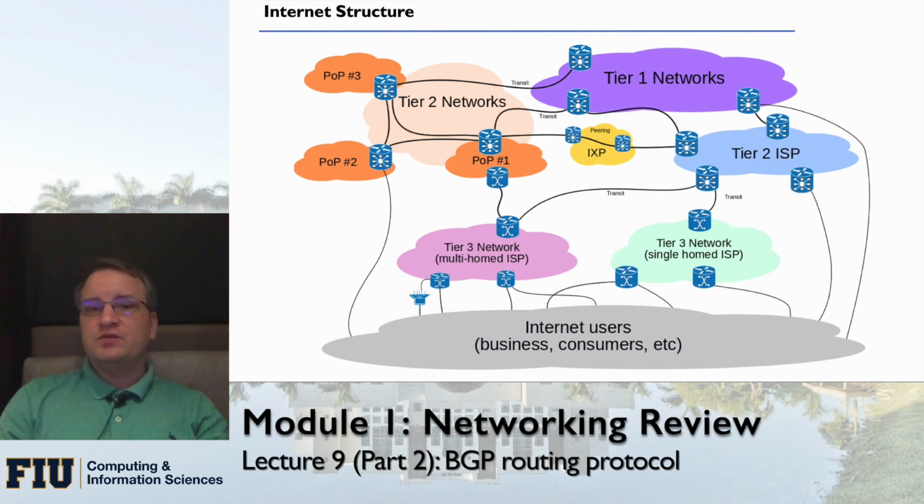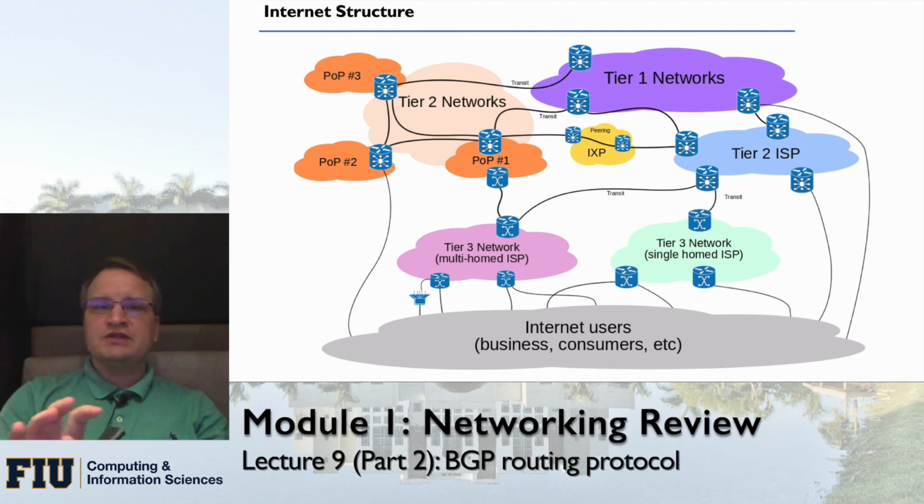If I add a little bit more structure, in one of the first lectures we talked a little bit about the different types of networks, but there is actually a little bit more to that hierarchy. So yes, we have the tier 1 networks, tier 2 networks, some IXPs, POP, point of presence, IXPs, internet exchanges, tier 2, tier 3, and actual users.